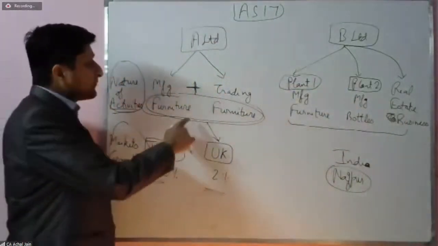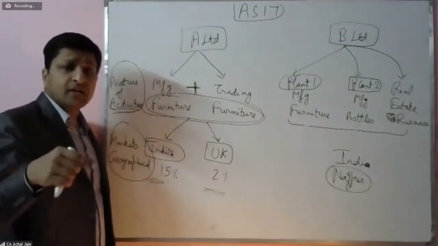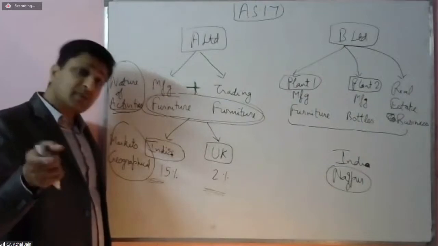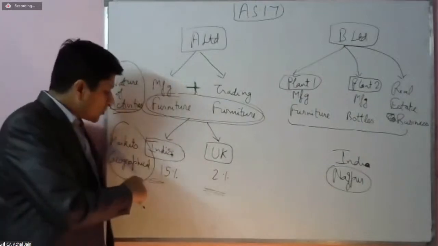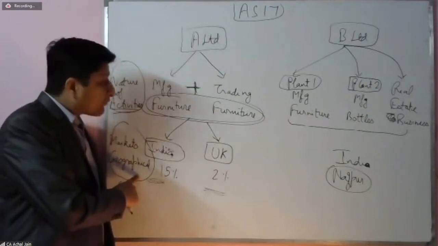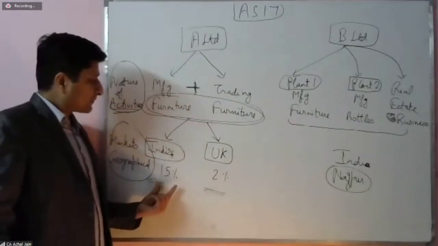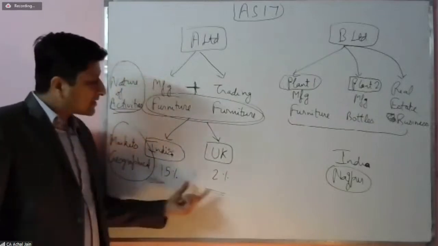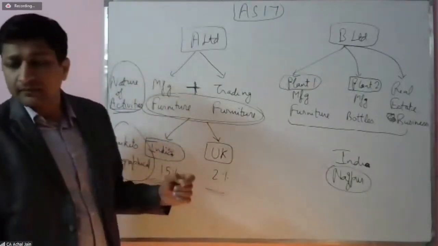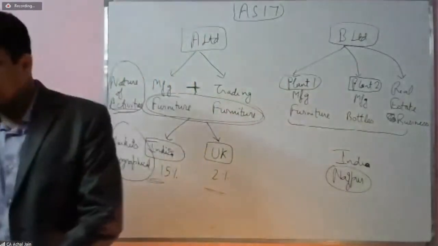For this company, if you look at the nature of business, we may not find more than one line of business, but still, on the basis of geographies in which the company is operating, we may say there are two segments. Which segments? One is the Indian market, second is the UK market. Clear? Clear on this? Yeah?